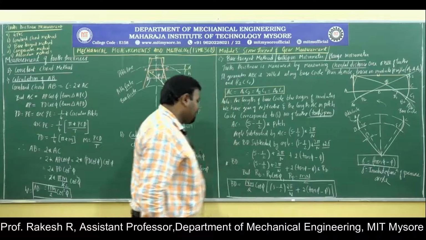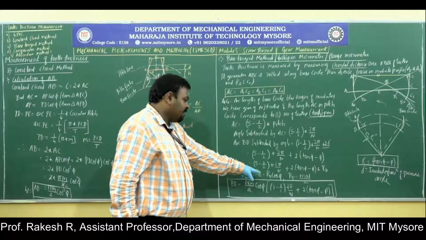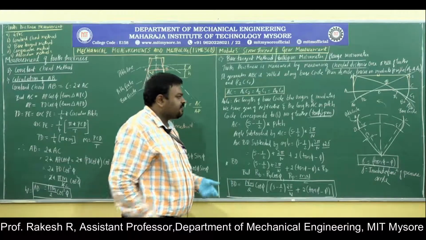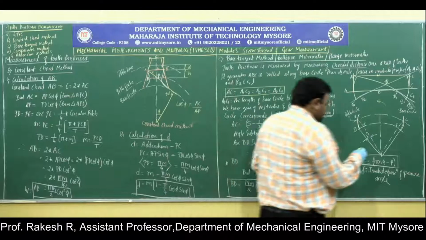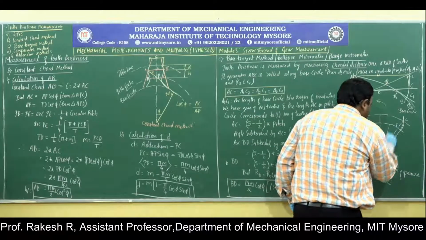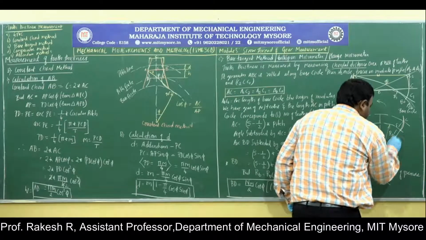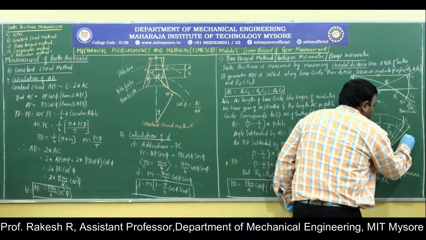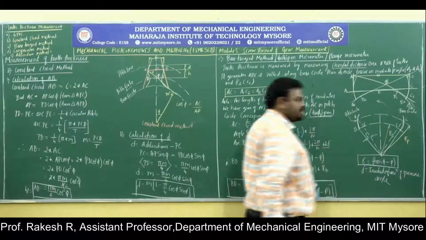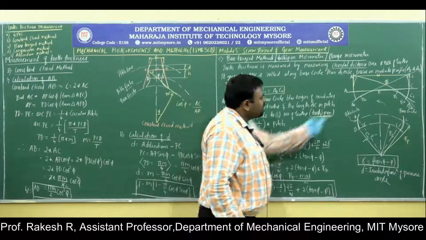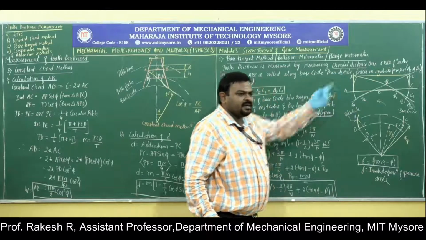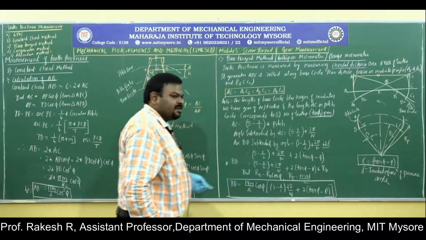What is this RB? RB is equal to RP into cos phi. RB is the radius of the base circle, and RP is the radius of the pitch circle. The same thing we calculated here, for that also the radius of base circle and radius of pitch circle, into RB.